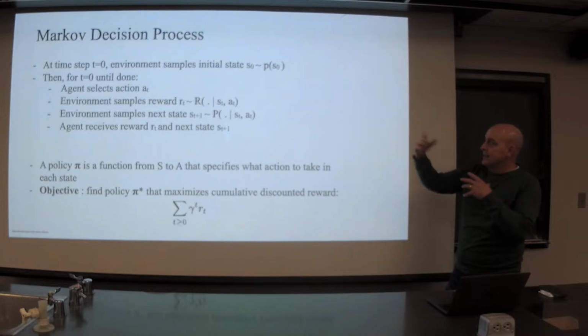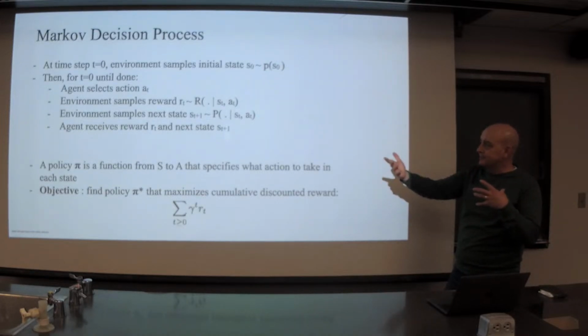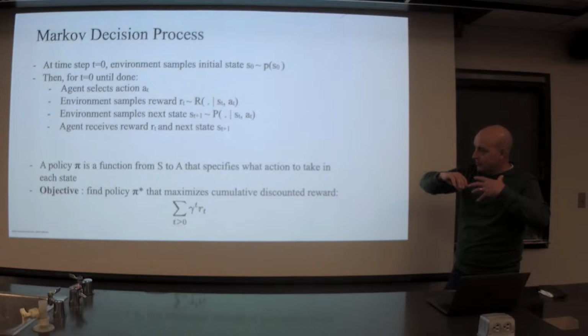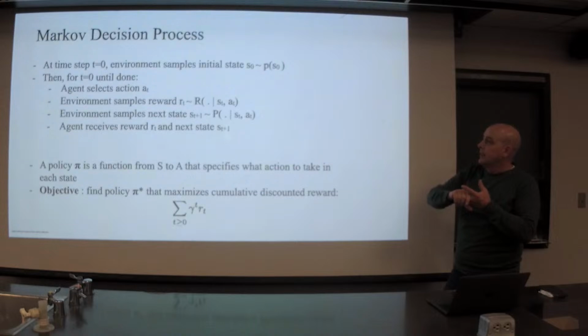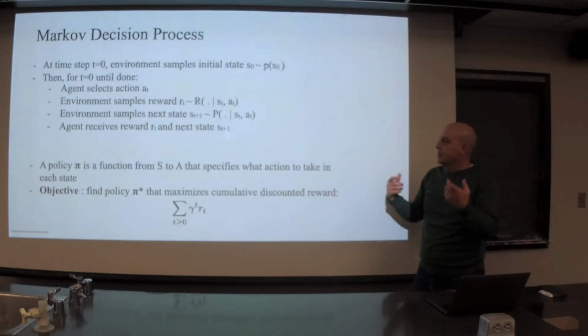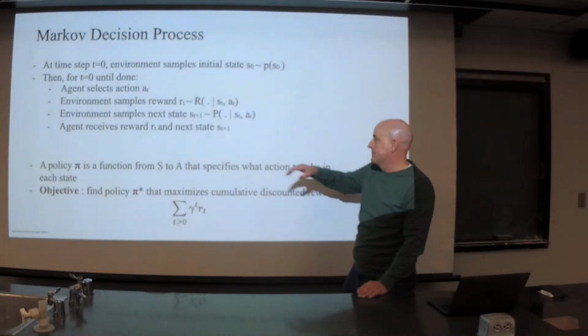Given the state, the agent selects an action. The environment provides a reward given the state and the action. The environment updates itself, giving a new state given the state and the action. And the agent receives the reward and moves into the new state.